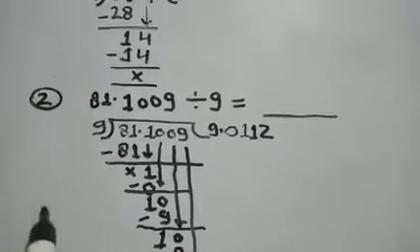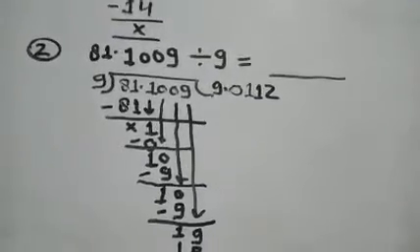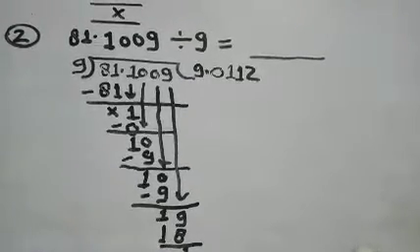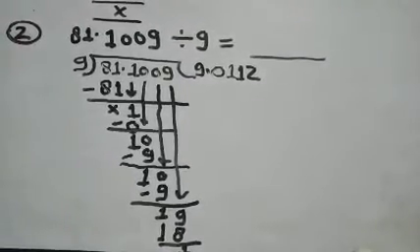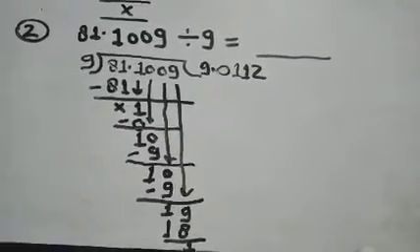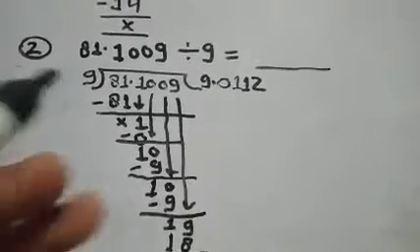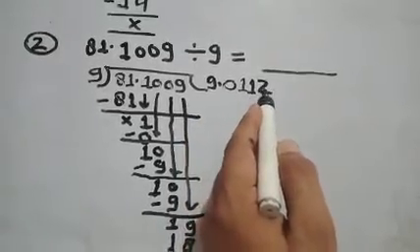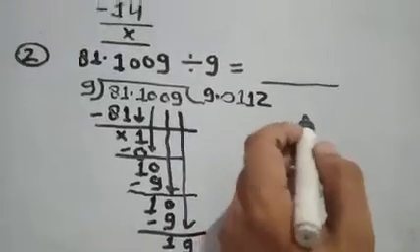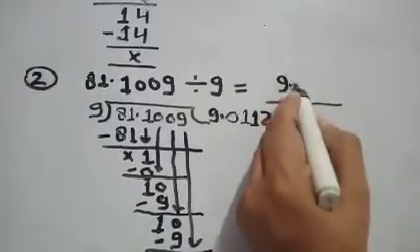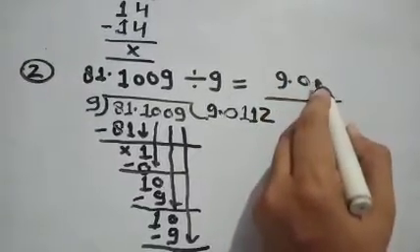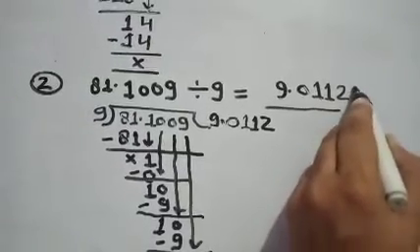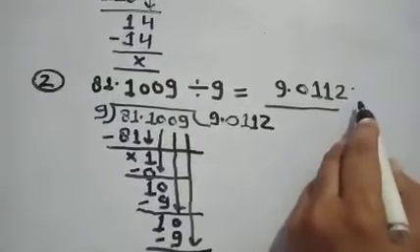So this will help you in the process of division of decimal numbers. So the answer is 9.0112, 9.0112 and so on.